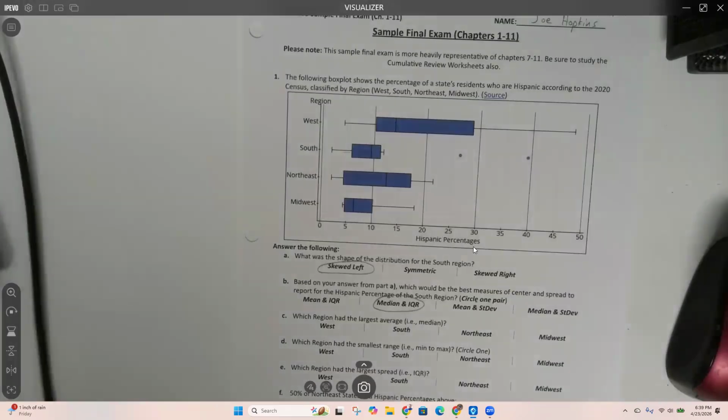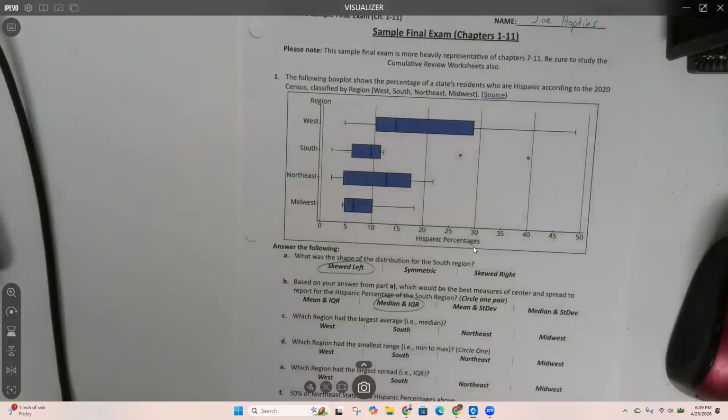After the midterm, we started talking about mean and standard deviation, and that's all we talked about. The reason for that is the central limit theorem that we learned about in chapter 8 says that if your sample size is big enough, then the sampling distribution looks like a normal curve, which is symmetric, and so you can use mean and standard deviation.